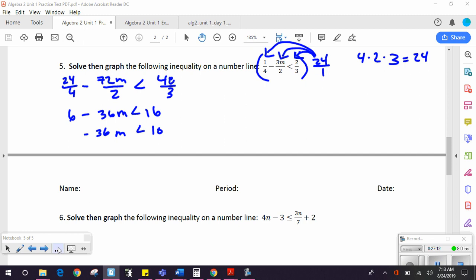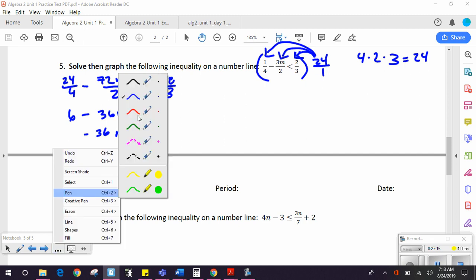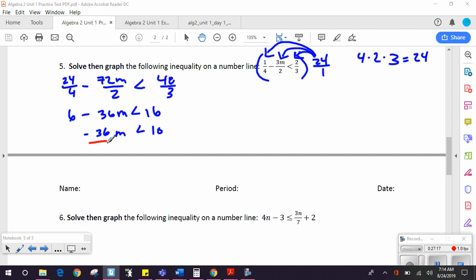So remember, anytime you multiply or divide by a negative, that affects your inequality symbol. So I'm going to have m by itself, but my inequality symbol flips over because of the negative 36. So m is going to now be greater than 10 over negative 36.